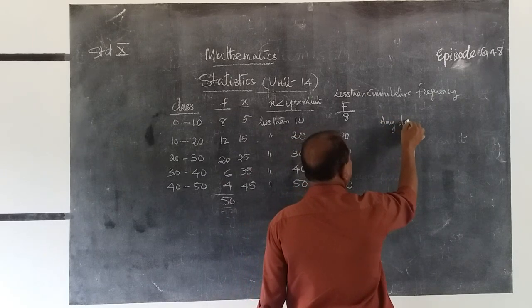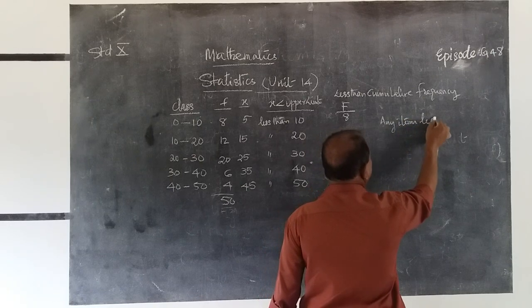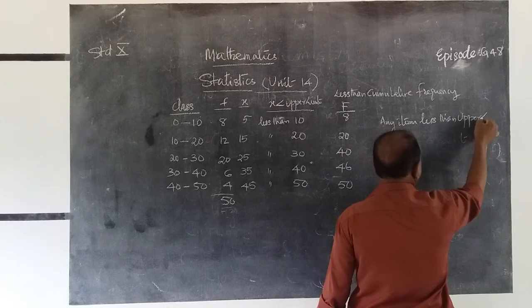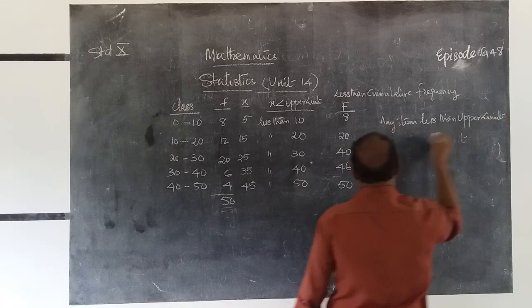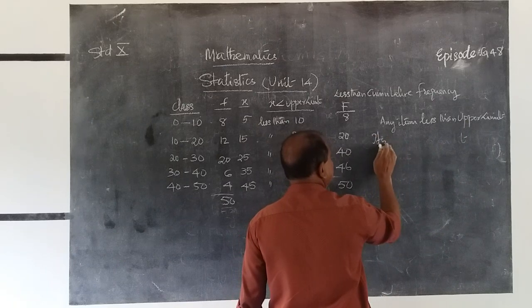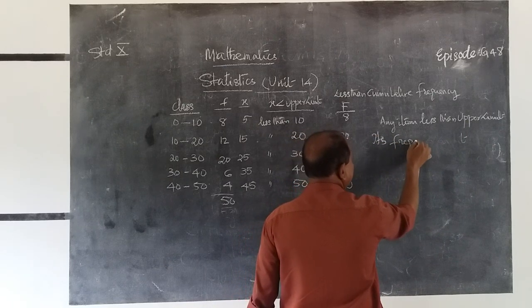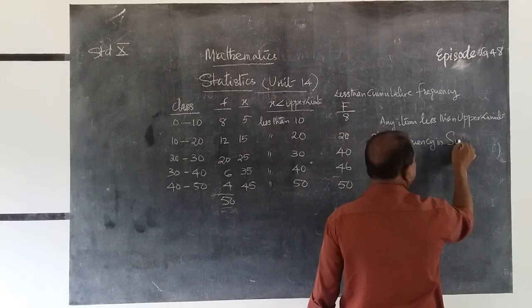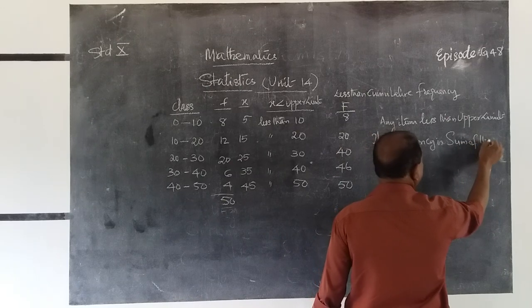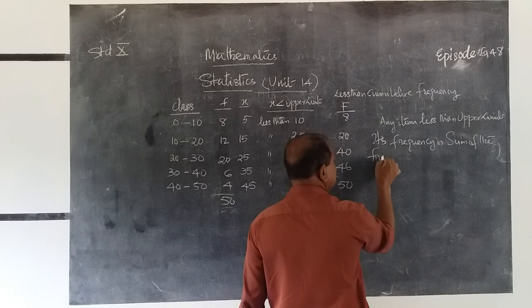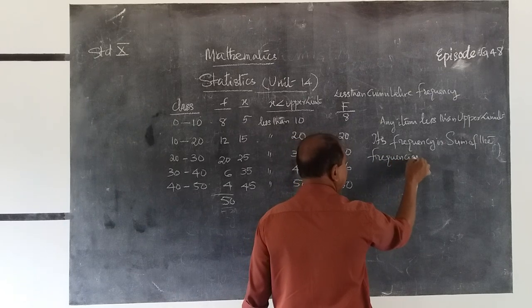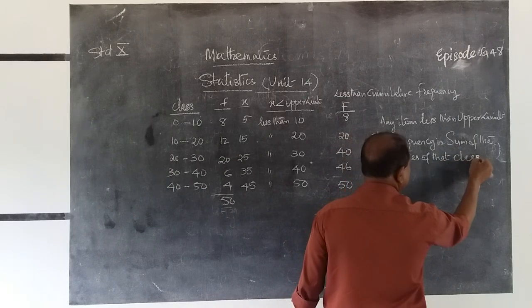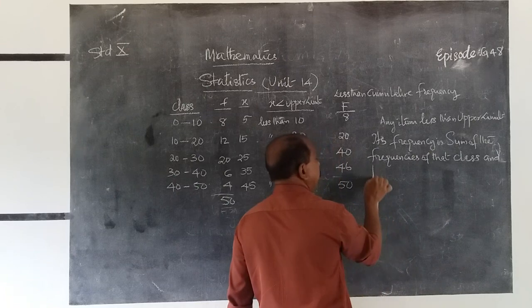Any item less than upper limit, its frequency is sum of the frequencies of that class and previous classes.